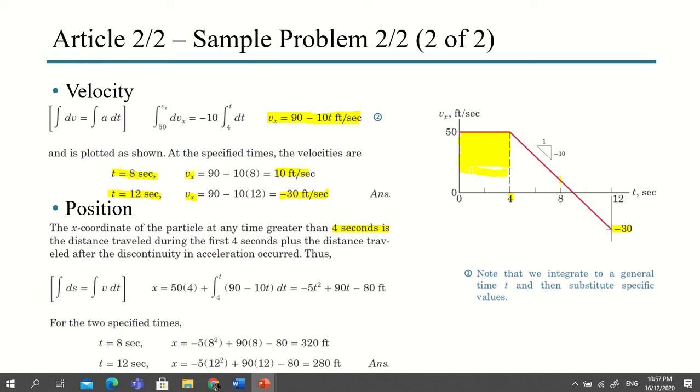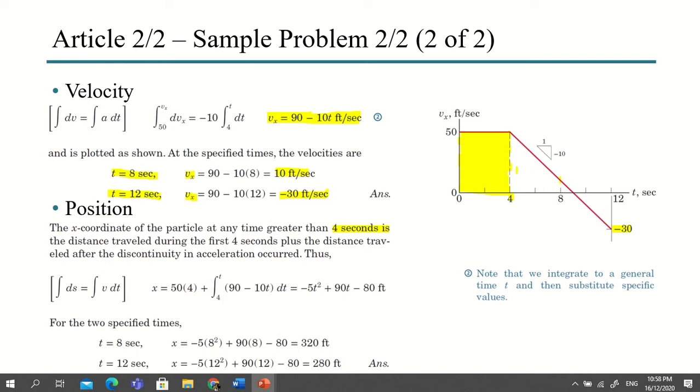Okay, so to find the area, this part here is no problem, because we simply use the formula for the area of a rectangle, length times width. So you can easily calculate the area for this part. But for the other part, we need to apply integration to get the area.